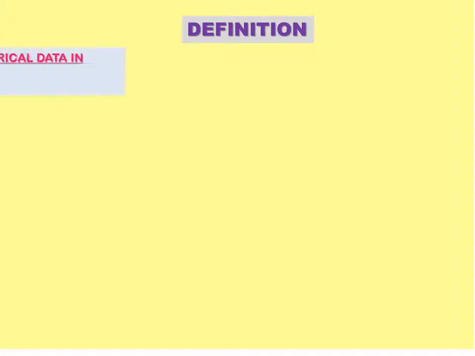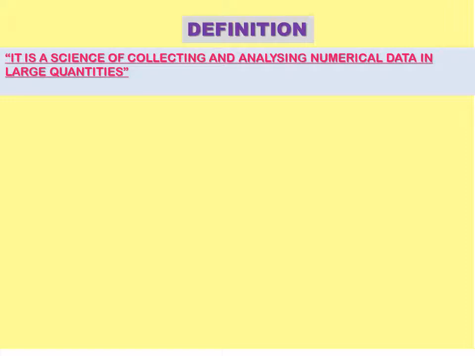So let's see what the definition is. First of all, it is the science of collecting and analyzing numerical data in large quantities. As I have told you, it is a part of applied mathematics, that means the mathematics which we can apply in our daily life, in our practical use.